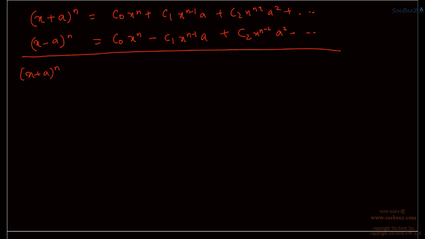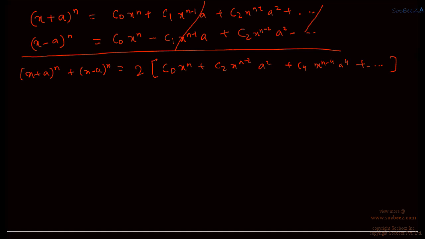The left hand side is simple, (x + a)^n + (x - a)^n. Whereas on the right hand side, we see that all the odd exponents will get cancelled, and the even parts actually add up. Right? So I have 2 times C0 x^n + C2 x^(n-2) a^2 + C4 x^(n-4) a^4, all the way till the last even exponent of a.